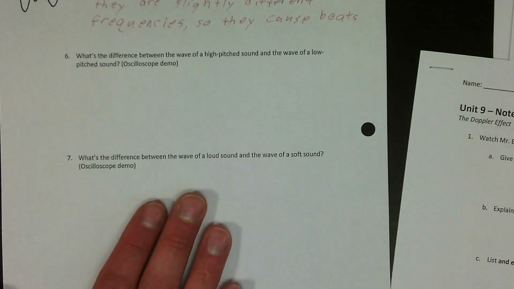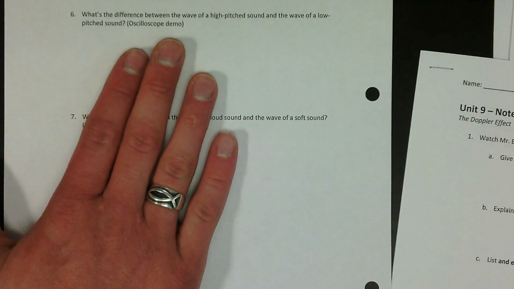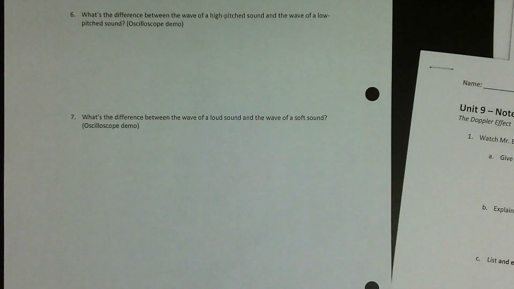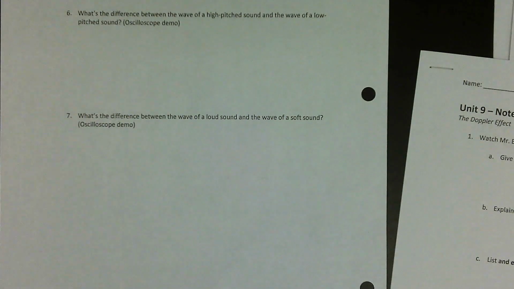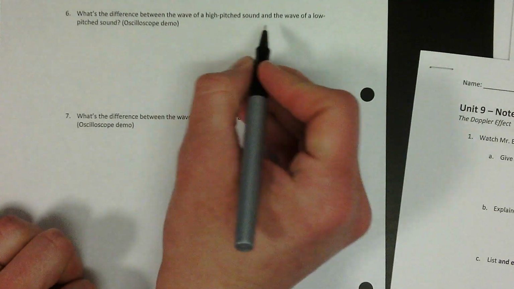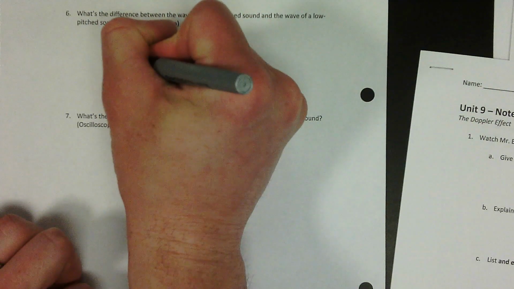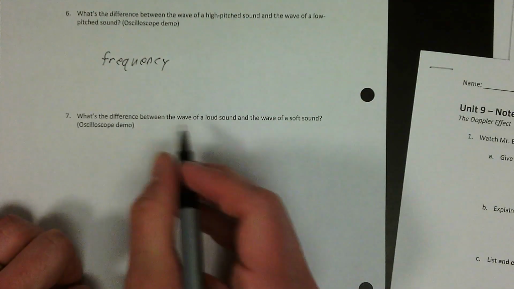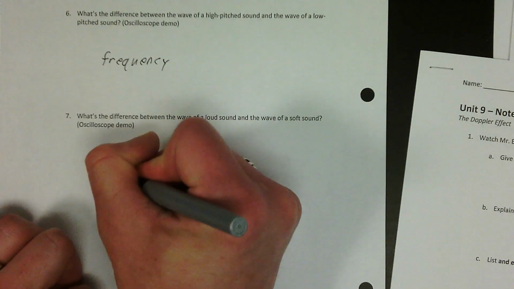So let's look at two examples. I'm going to do a demo for you so that you can see what these waves look like. So again, the difference between high-pitched sounds and low-pitched sounds is frequency, and the difference between loud sounds and soft sounds is amplitude.